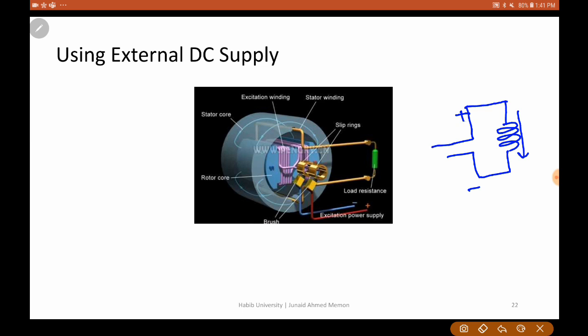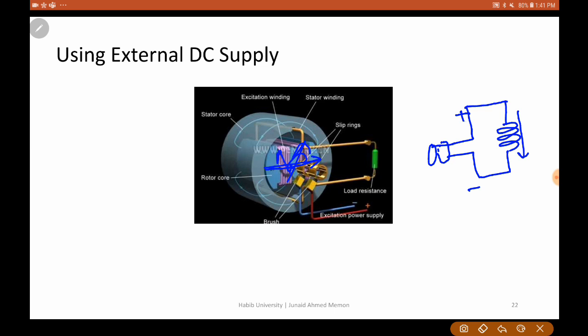The way to do it is you connect the slip rings, and the idea of the slip ring is that the terminals do not flip when the coil rotates 360 degrees. It means whatever the direction of the magnetic field is with respect to the rotor, it will keep that direction as the rotor rotates.